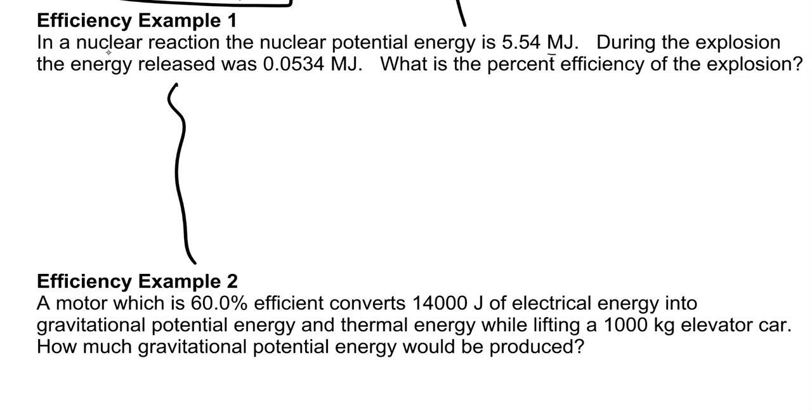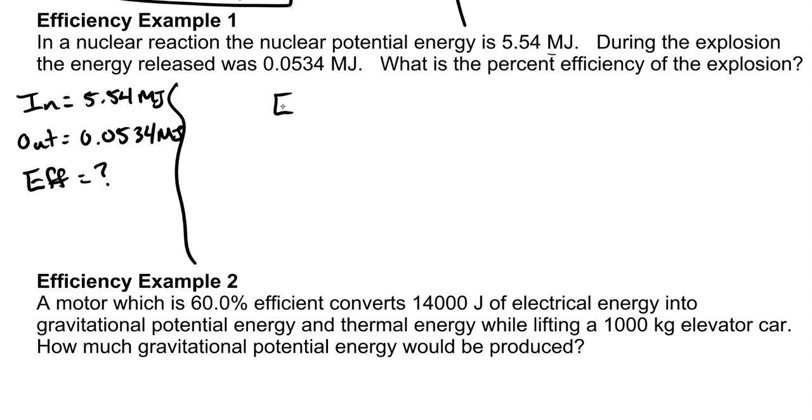So, in a nuclear reaction, the nuclear potential energy is the input energy. The input energy is 5.54 megajoules. During the explosion, the energy released is the output energy, which is 0.0534 megajoules. What is the percent efficiency?